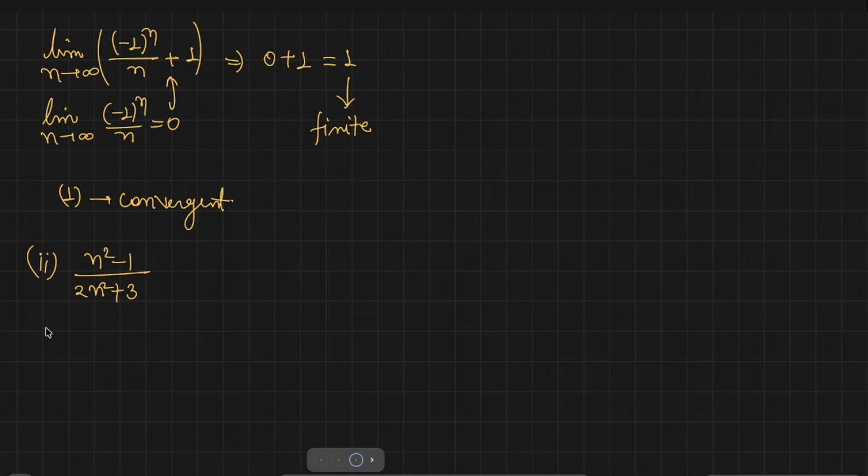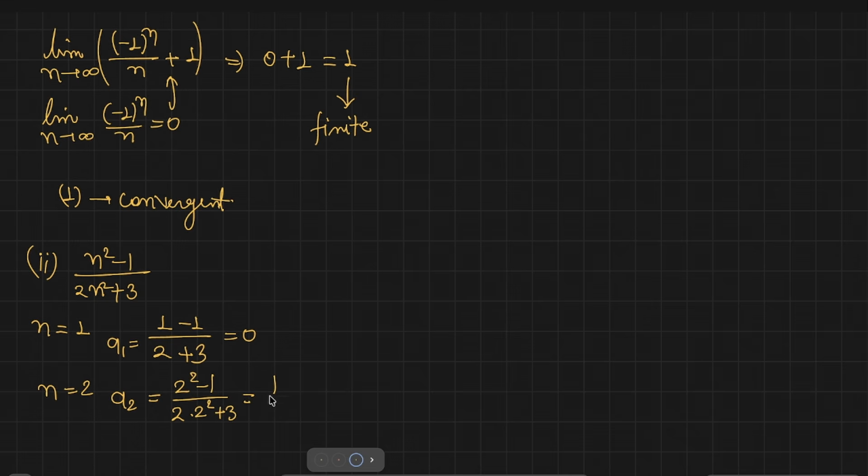Again you can start with n equals 1: 1 minus 1 upon 2 plus 3, so a1 is going to be 0. For n equals 2, a2 is 2 square minus 1 upon 2 into 2 square plus 3.